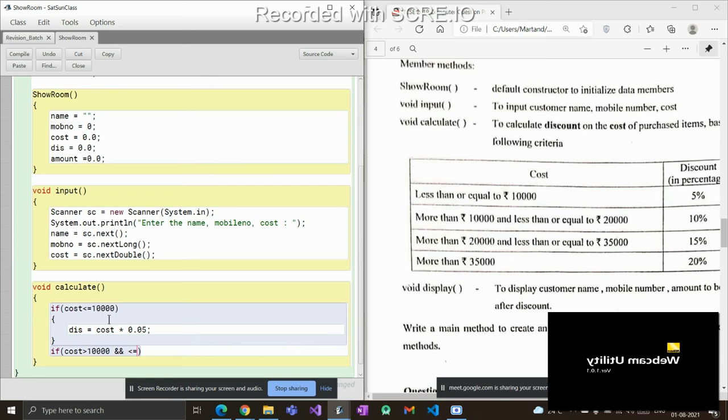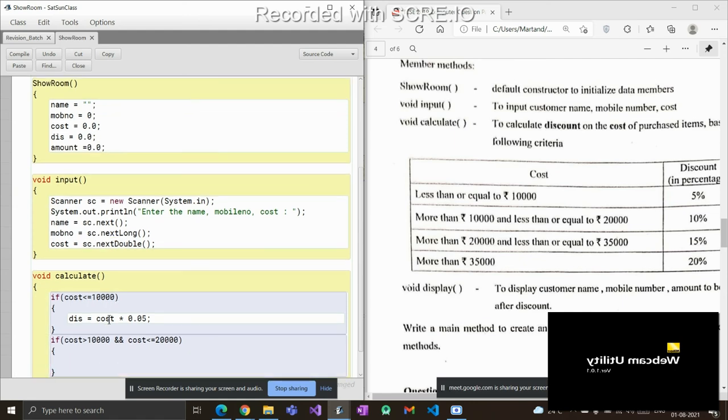No, it doesn't happen like that. You have to write the variable once again and write less than or equal to 20,000 like this. And then you go down and write the line of your discount, that is dis equal to cost into 0.1. Okay, this is your discount which you are calculating.